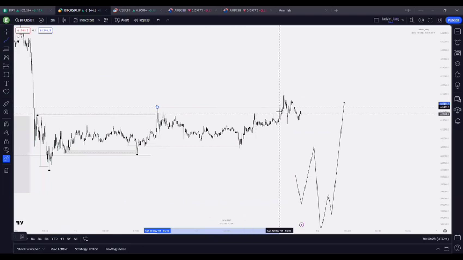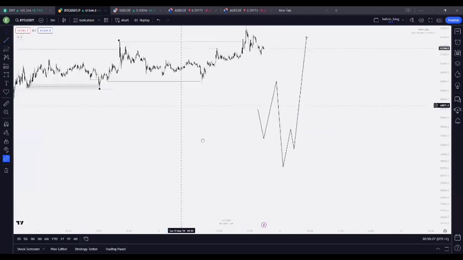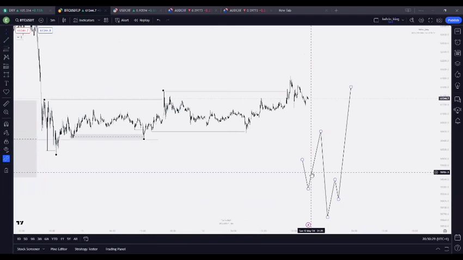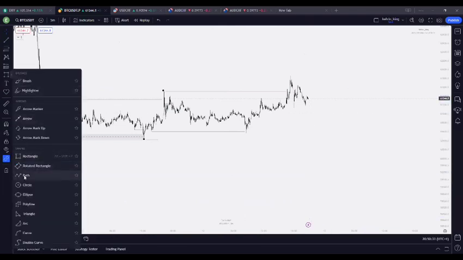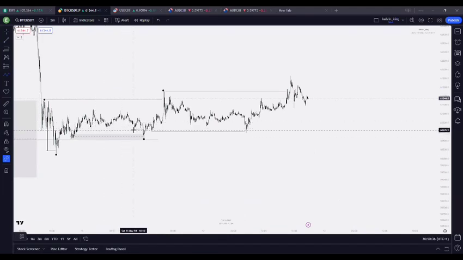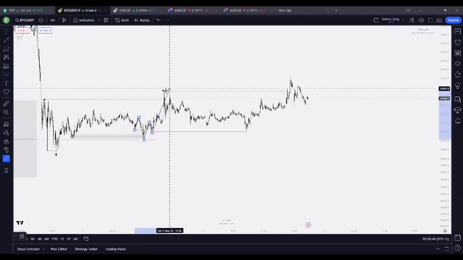I'll target this high as my take profit zone. Now, let me draw out the structure for you to see. So it's like this, the sweep. Got a pullback just before that high was taken out, and like this.